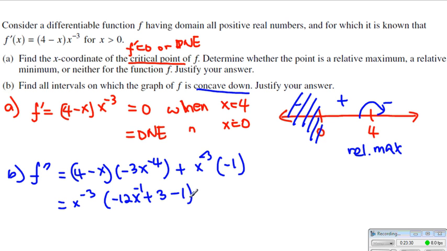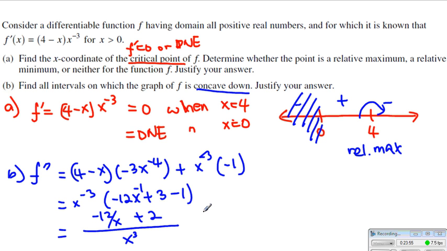So once we have done this one, we have to set this one equal to 0. Or if you simplify this one further, what we'll end up getting is x cubed on the denominator, and on the numerator we have -12x plus 2.